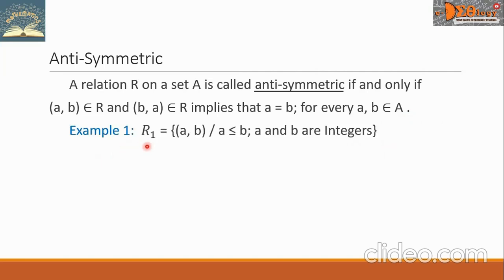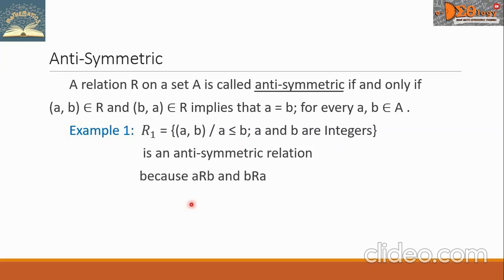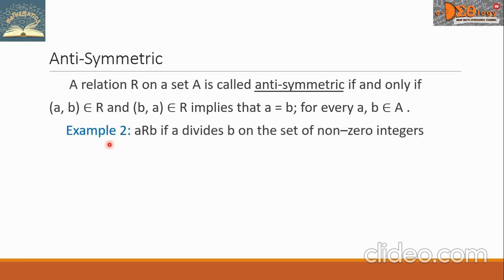Example 1. Relation R1 equals the ordered pairs (A, B) such that A is less than or equal to B, for A and B integers, is an anti-symmetric relation because A is related to B and B is related to A implies that A is less than or equal to B and B is less than or equal to A. It follows that A equals B. Example 2.